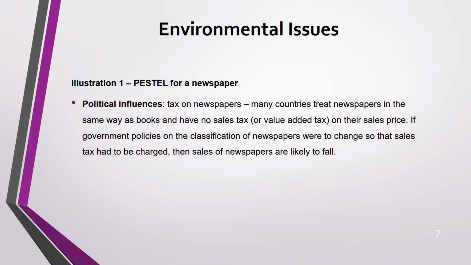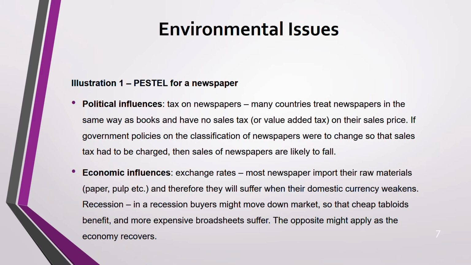A sales tax has to be charged now. Earlier it was not charged because books are free of sales tax. But now they'll be charging sales tax if they are not under the classification of books. If the sales tax is put, definitely your sales of newspapers will suffer, likely to fall. So you can see if it changes, it goes against.